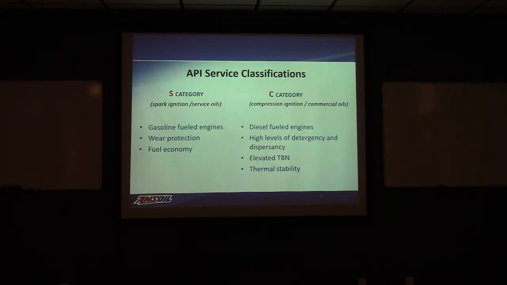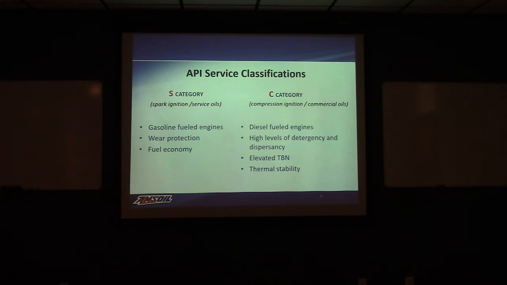Okay? On the other side, the other half, the C category, deals with compression ignition engines, basically diesel engines. No gas, nothing else, diesel engines. Okay? Now, yes, again, they're dealing with all the basic functions that oils have to perform, but their key areas of concern are detergent dispersancy level of the oil, cleanliness. Cleanliness is an issue. You got to remember, when you burn diesel, soot is a byproduct.